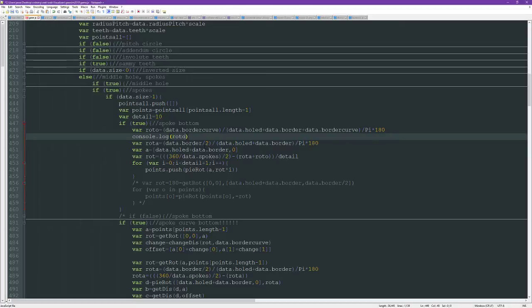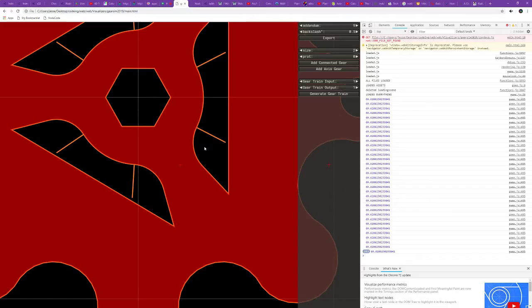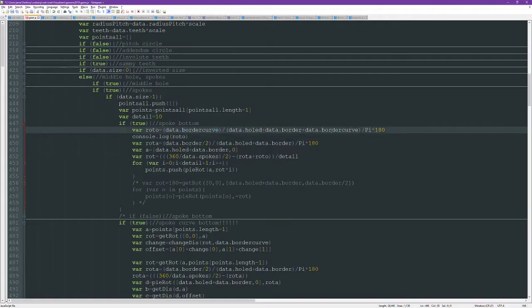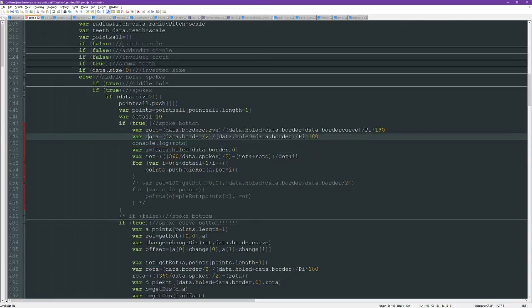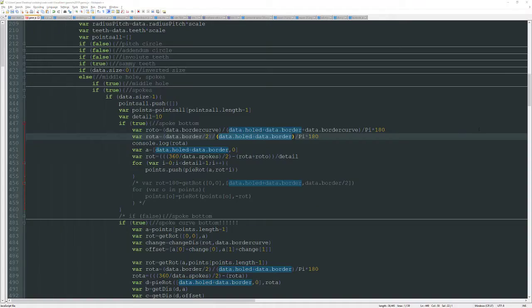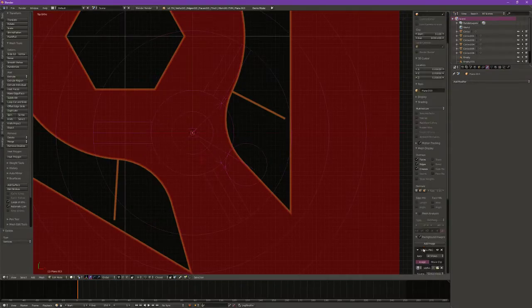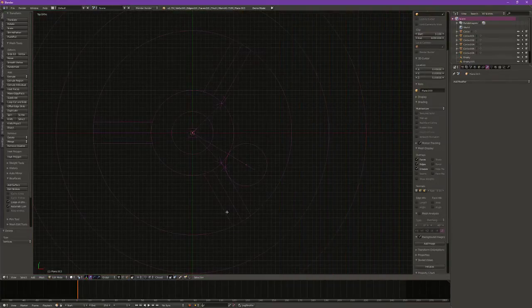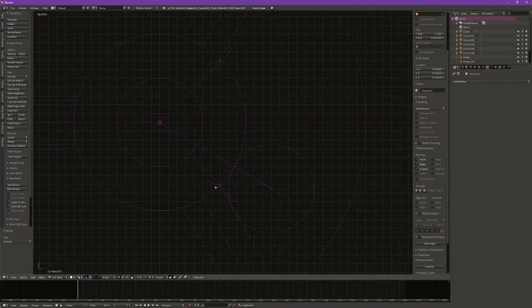So, this should be the rotation of half of, what was this? This is the bottom curve, we don't care about that. This should be the rotation of half the water at that distance. So, it should be from there to there.